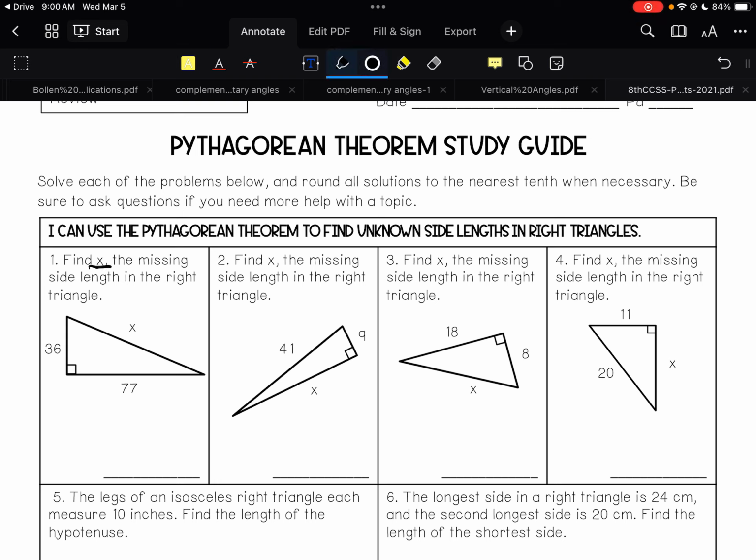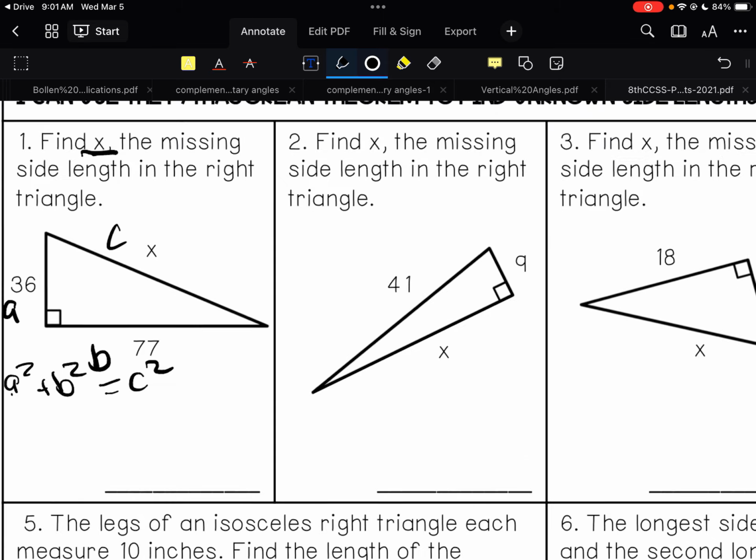So these were the ones that we were using our right angle to label A, B, and C. And then we have to do our A squared plus B squared equals C squared.